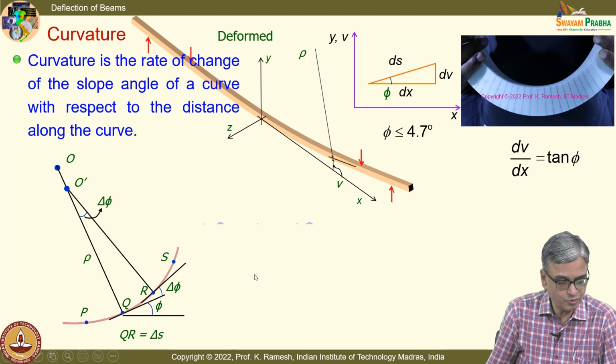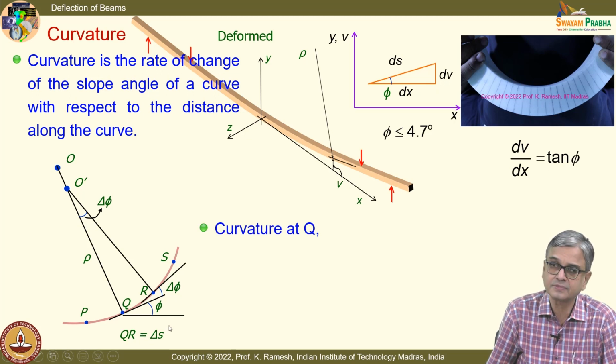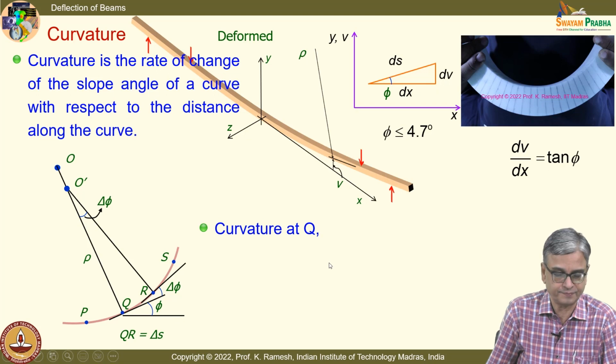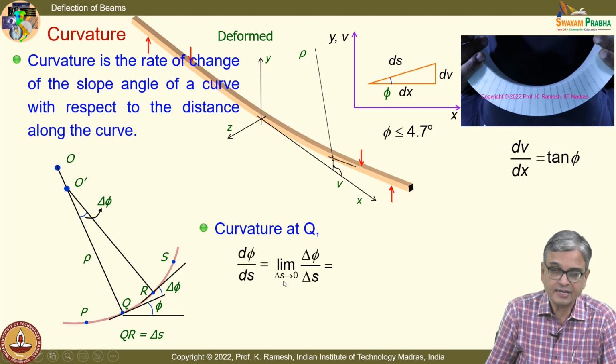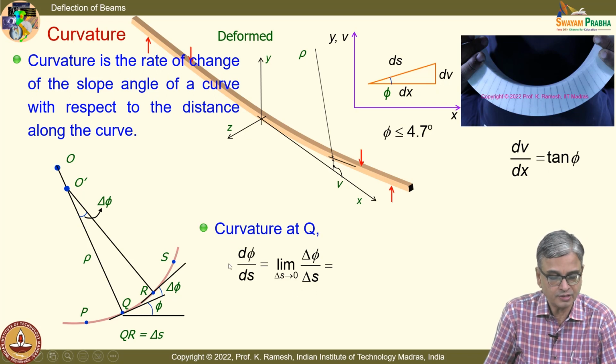And you can take QR as delta s, and what is curvature at Q? This is defined as limit delta s tends to 0 the ratio of delta phi divided by delta s, which you can also label as d phi by ds. And we have an understanding what is delta s. Delta s is QR.